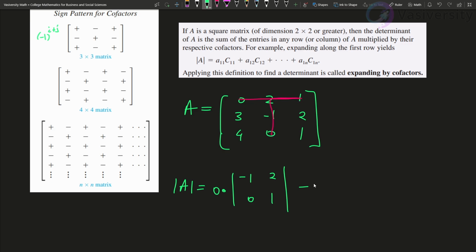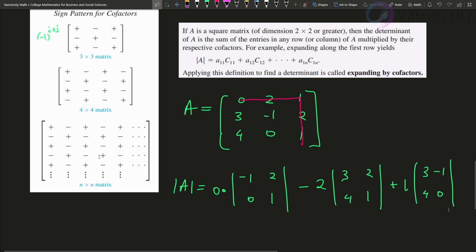So it's going to be 2 times 3, 4, 2, 1. And then the last one is supposed to be a plus, a plus of the third column. So we're going to cross out the first row and the third column, because we're expanding only across the first row. So we're going to have plus 1 times 3, negative 1, 4, 0.